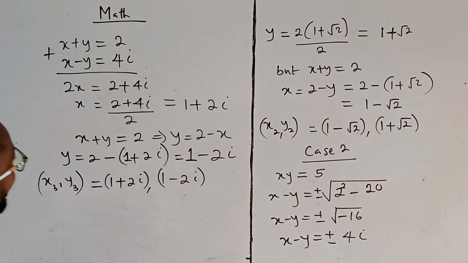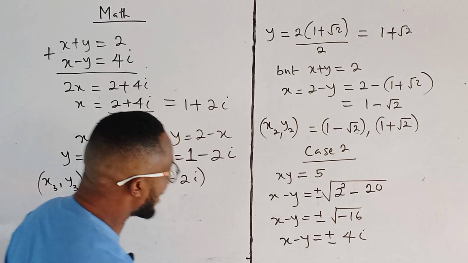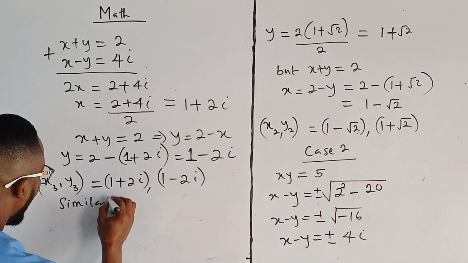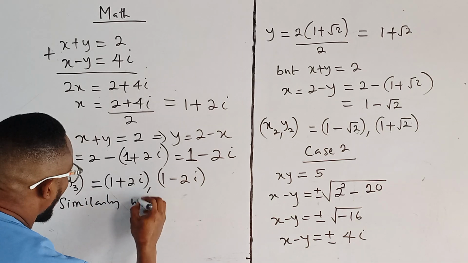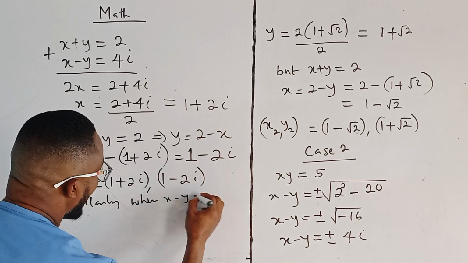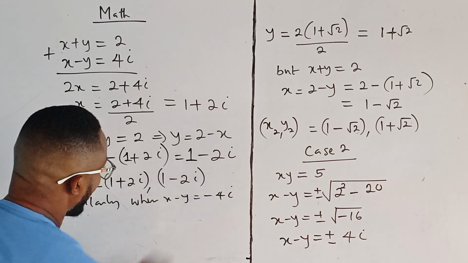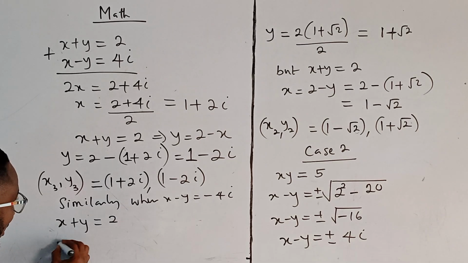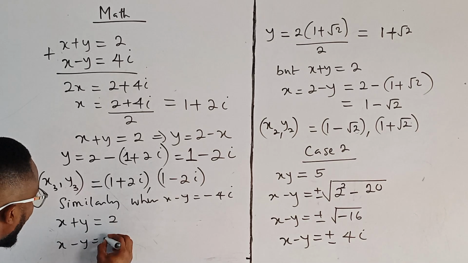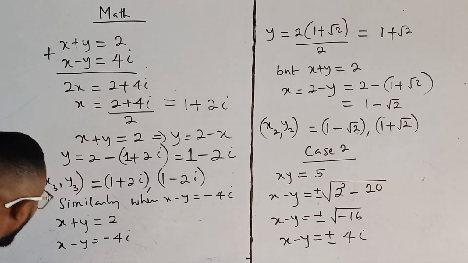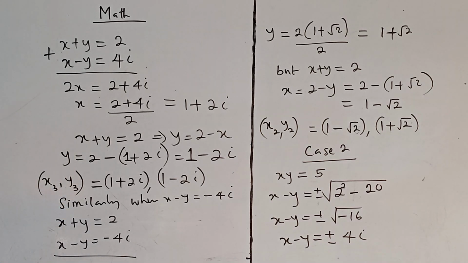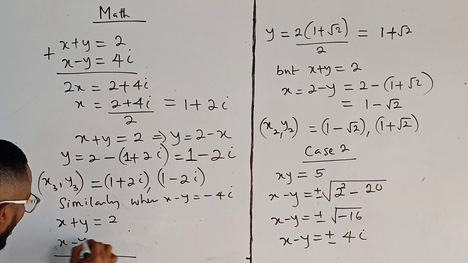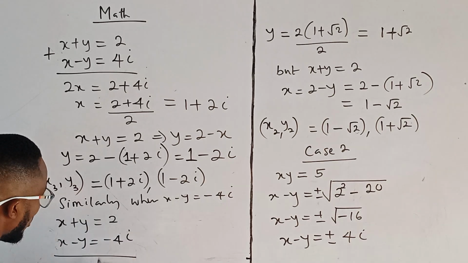Then I will also consider when s minus y is negative. Similarly, when s minus y is equal to negative 4 iota, I'm going to have s plus y equal to 2, then s minus y equal to negative 4 iota. I'm also going to solve this simultaneous equation.